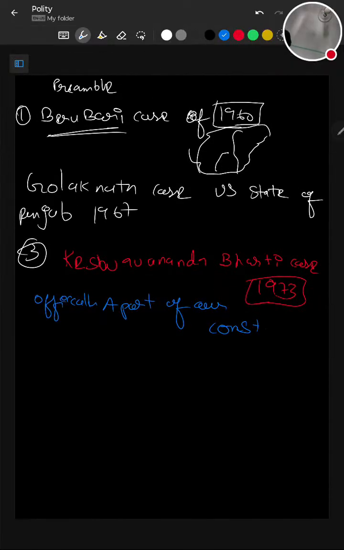Now, going on ahead, we are going on to the difference between the US and Indian constitution. This also comes in exams.